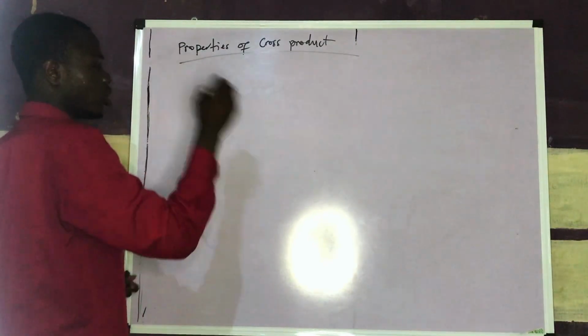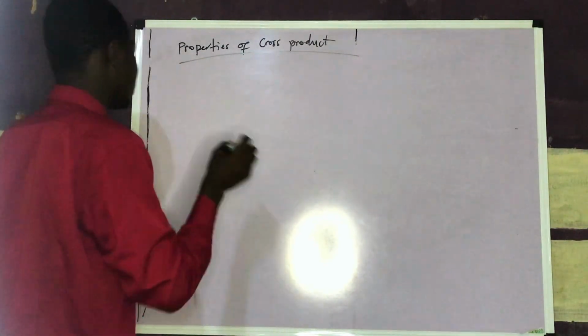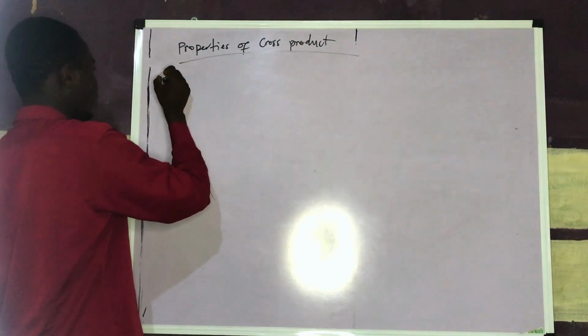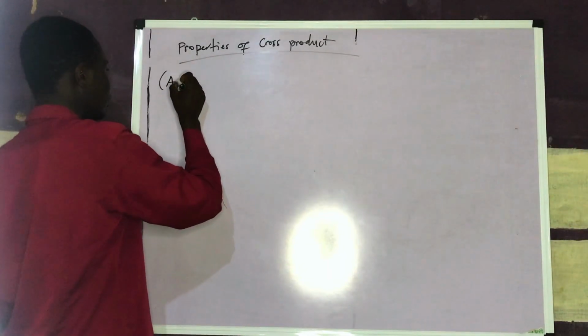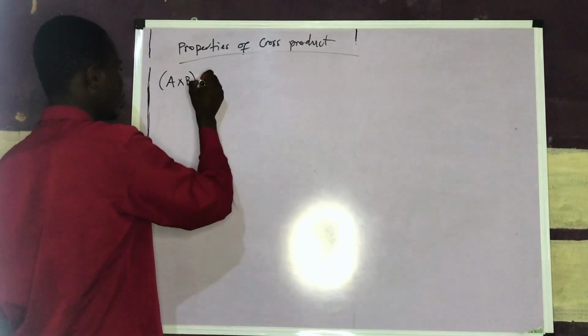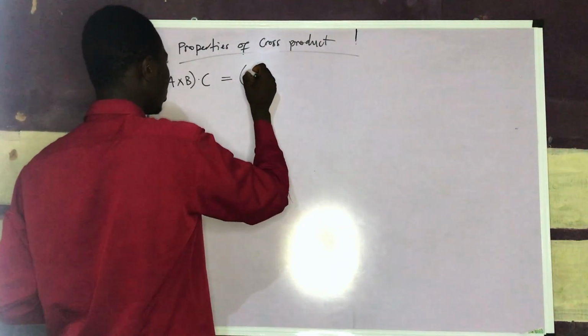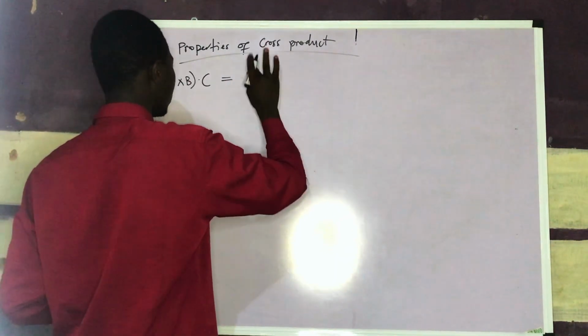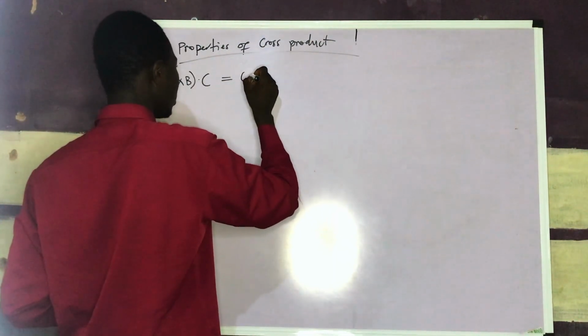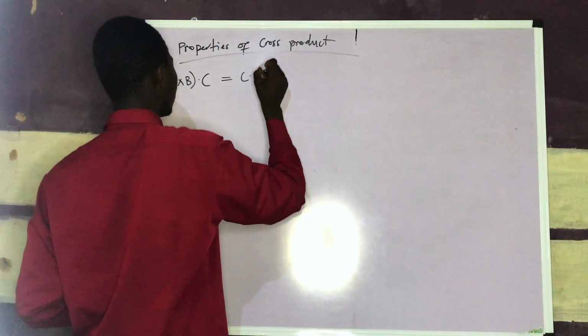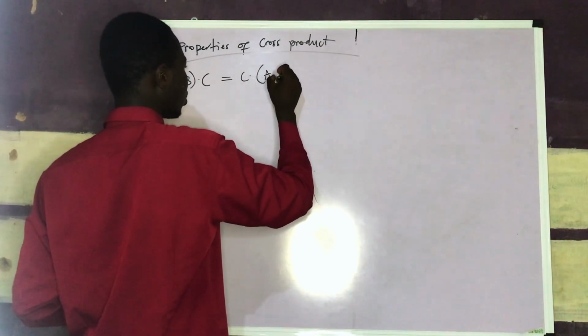So in cross product, if you have A cross B dot C, it is also equal to C dot A cross B.